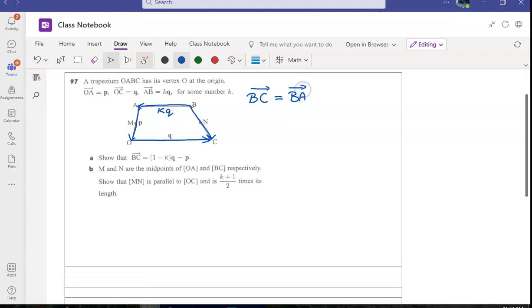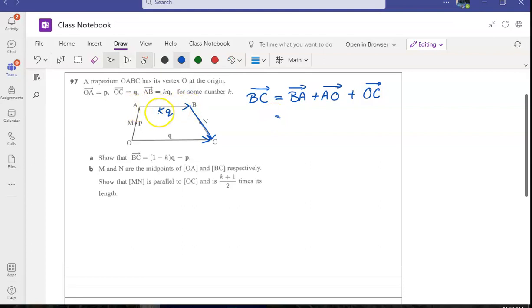You're writing B to A plus A to O, resisting just going straight into minus KQ, plus AO, OC. Now, for me, I sort of then have to erase that, because otherwise I would think that KQ was going the other way.